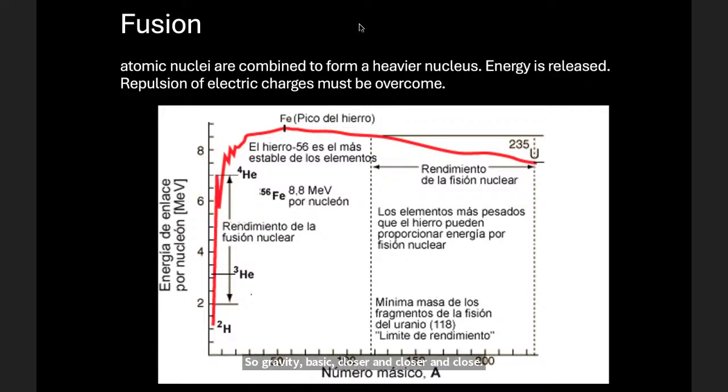So they get together and we start to have fusion, right? So we overcome the electromagnetic force that would push them away because they have the same charge. And finally, we get them together. So in that process, we release energy. But the heaviest element that we can make in this way is iron, only iron.